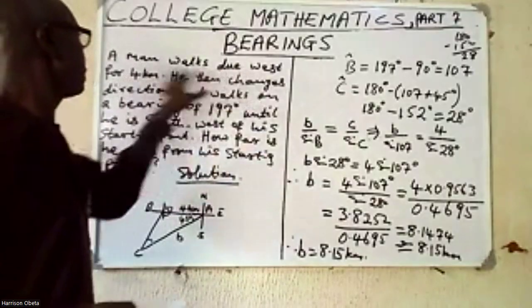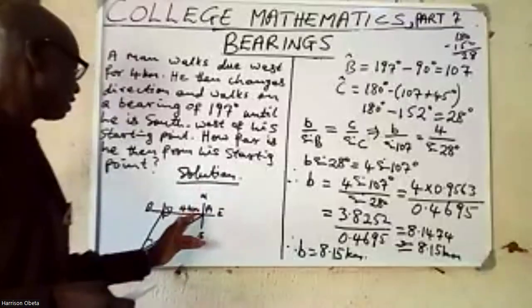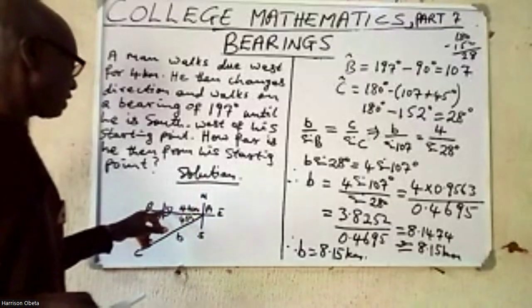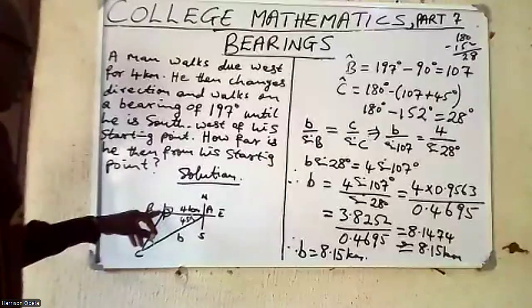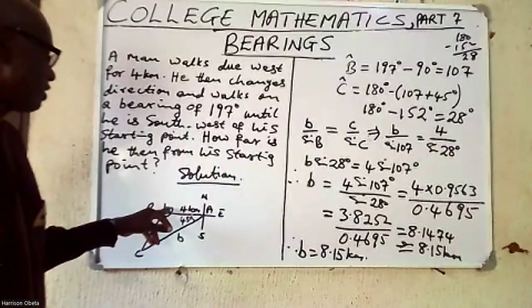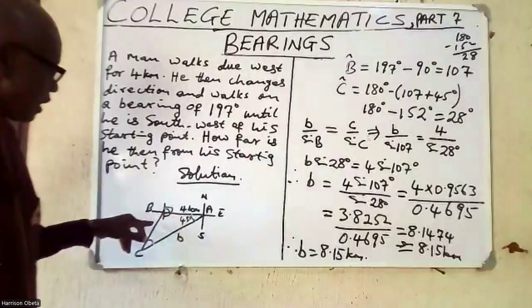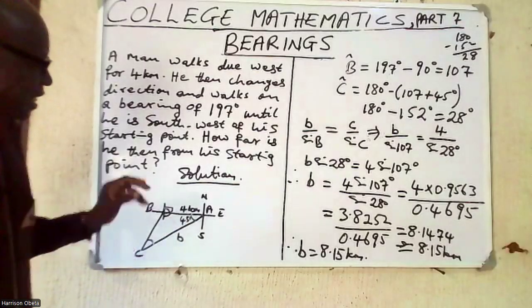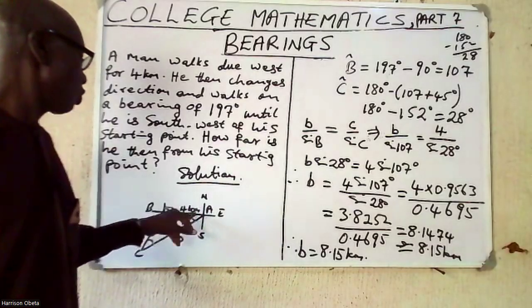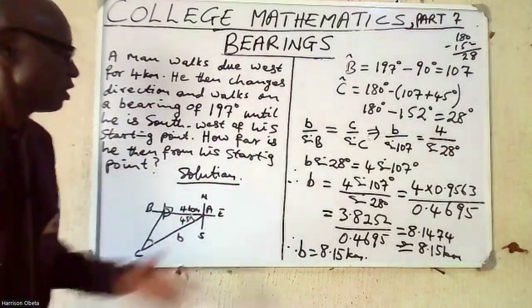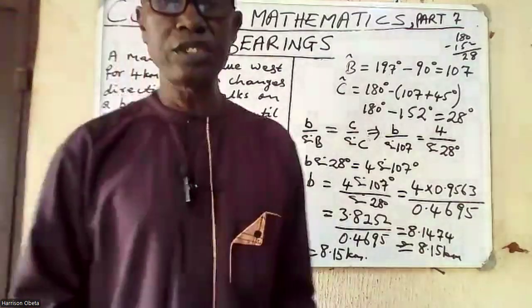You say the man was walking this way, so you indicate this is west. At this point, the man stopped and changed direction and started walking on a bearing of 197. This is 90, 180, so 197 will fall here. And then southwest means the angle has been divided into 2 equal parts, 45, 45. So that's the end of the question.